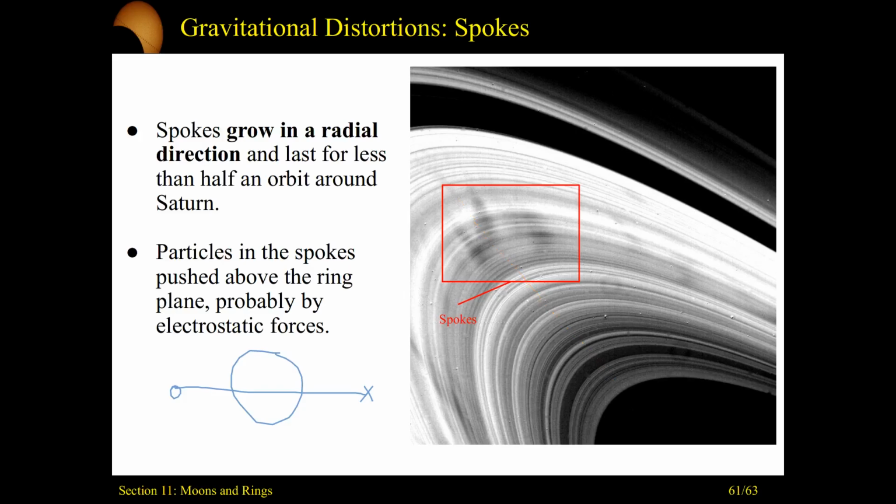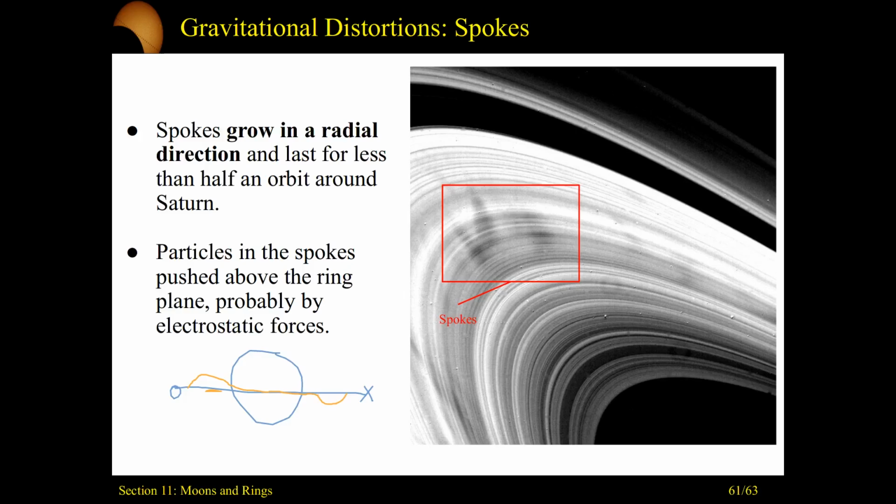Well, what's happening is that something is causing the material of the ring to either rise up above the plane of the rings or fall below. Could be one or the other, just depends on the perspective you're seeing these spokes at. And so material in the ring is being pushed up or pushed down.